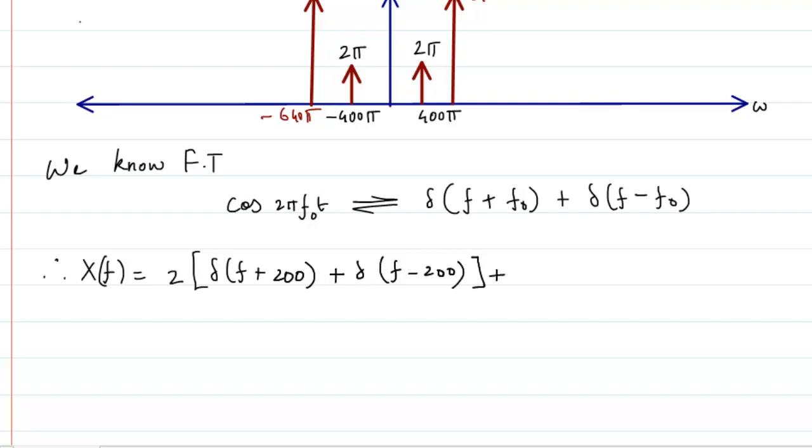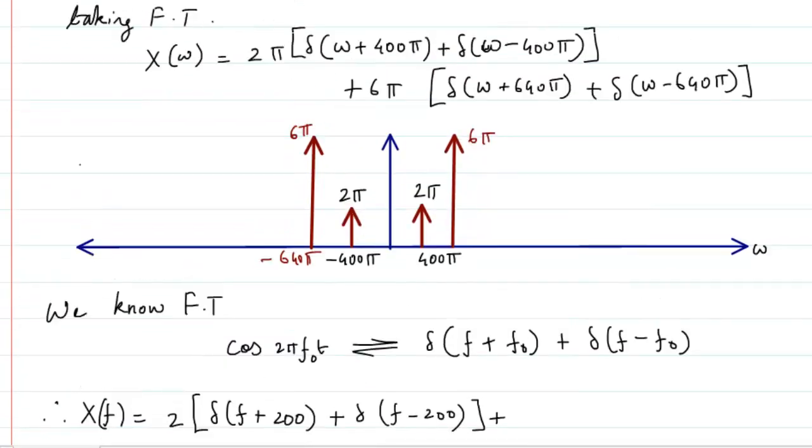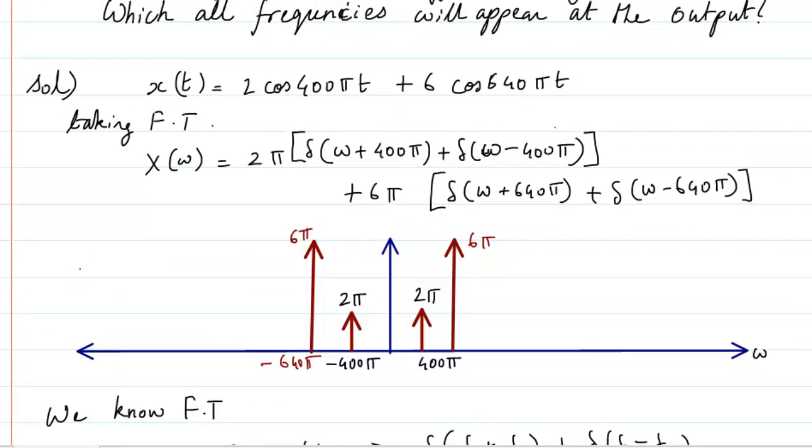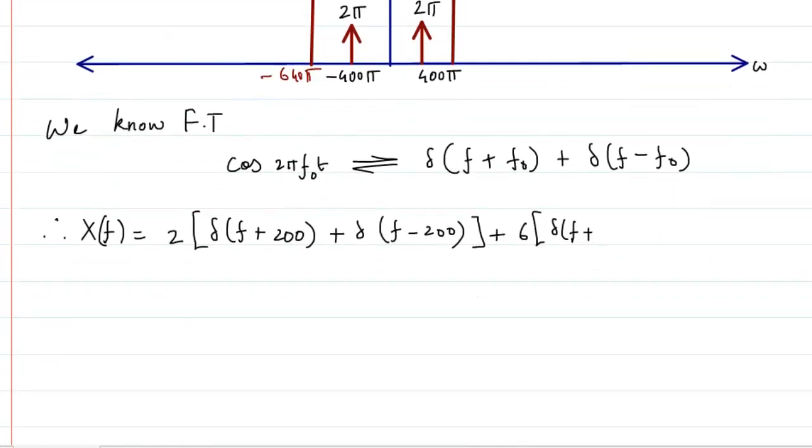Similarly, for the second function, which is 6 cos 640 pi, I will write 6 within brackets delta f plus, now from 640 pi take out 2 pi, 640 pi divided by 2 pi, I will get 320, isn't it? So I will write plus 320, plus delta f minus 320.